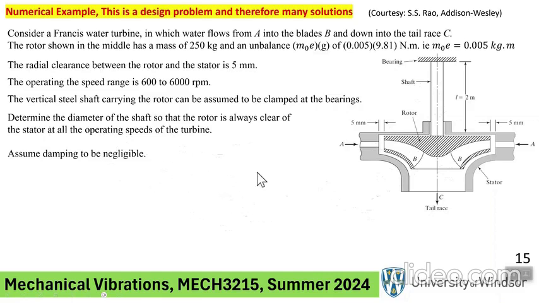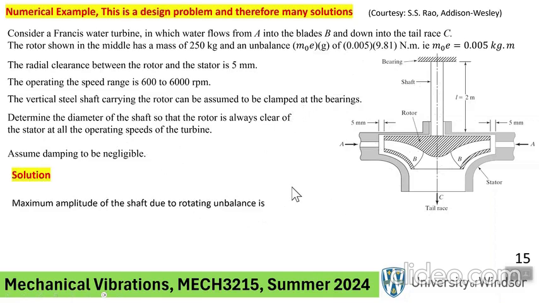Well, let's assume that there is no damping. That information is not given to us, so what else can we assume? Let's assume it's not being damped. And we are told that the maximum amplitude of the vibration of this mass due to the unbalance should be 5 millimeters. So first of all, how do we calculate that maximum amplitude?